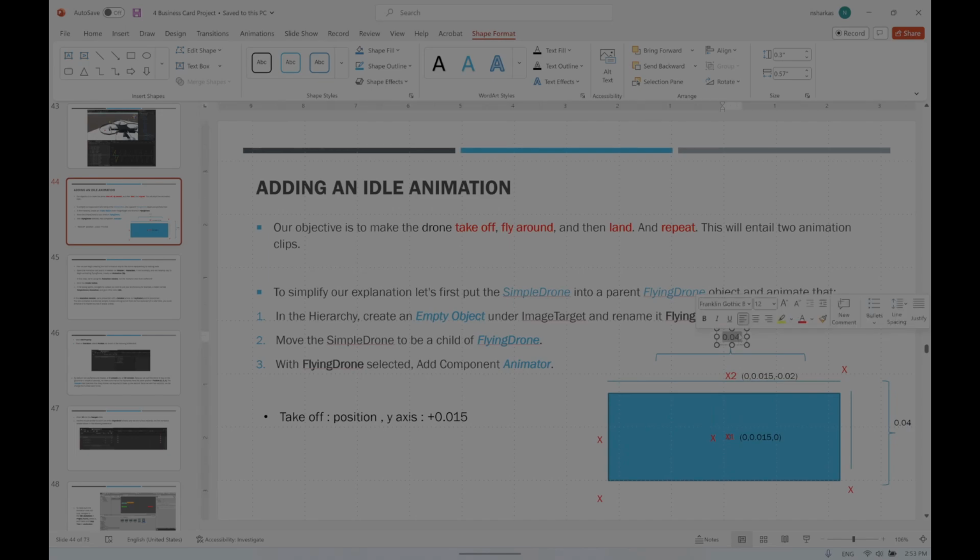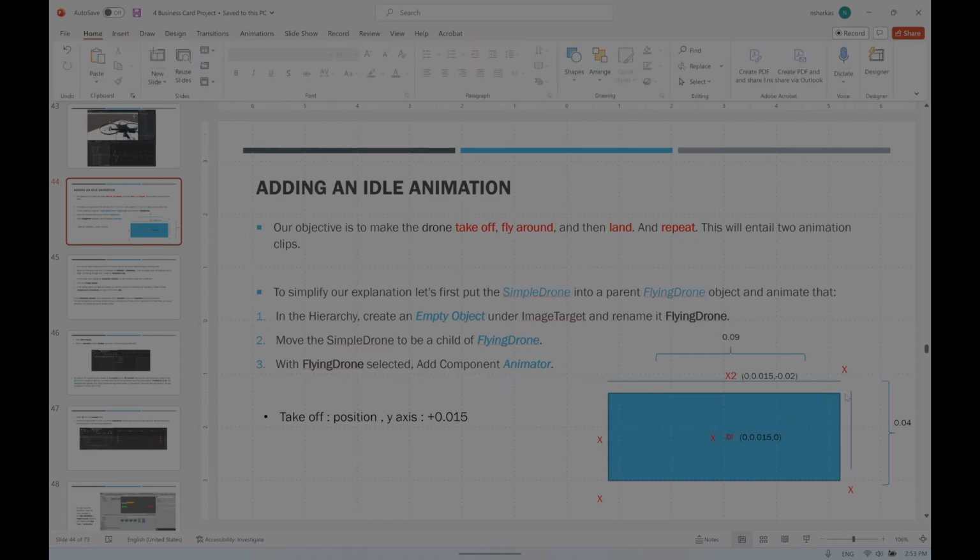Yeah, we know that it's 0.09. Then you can plan it at ease. So the whole thing is 0.04 and you are in the center, so you are traveling halfway. So you're going to travel minus 0.02, okay?